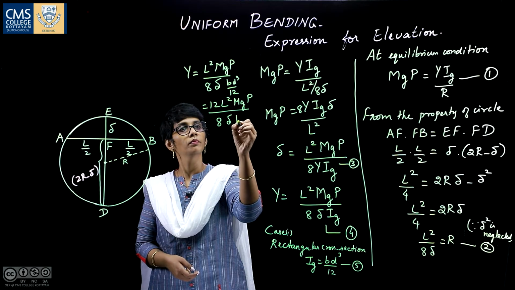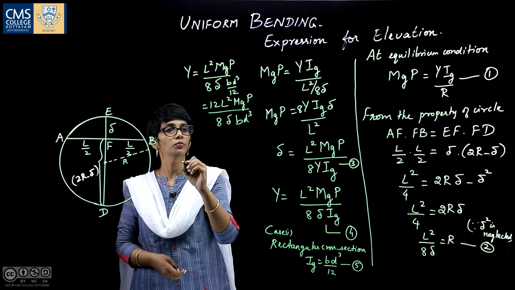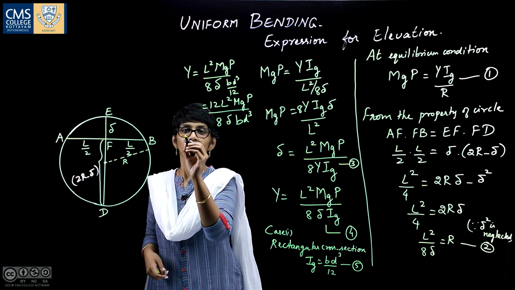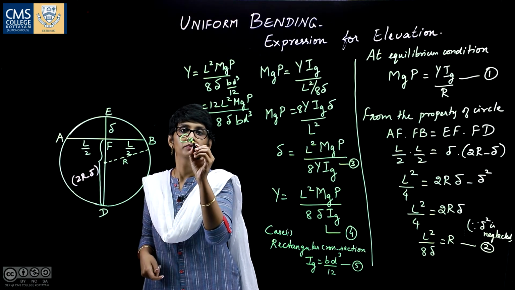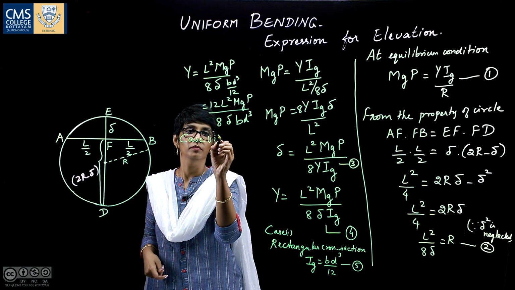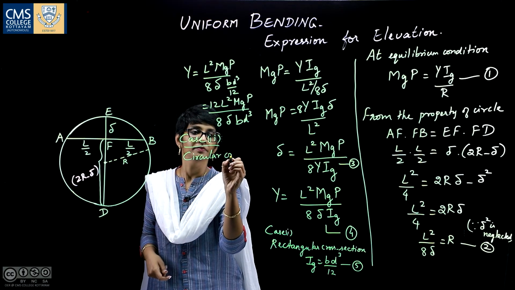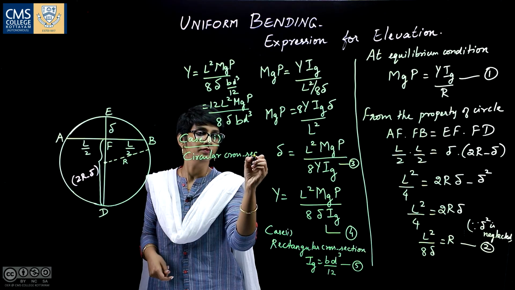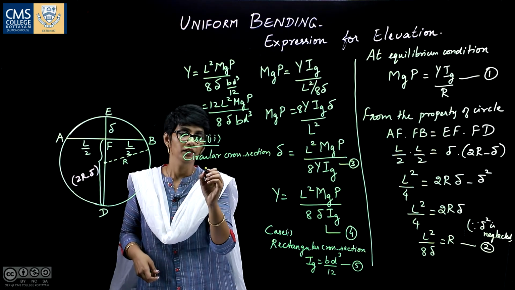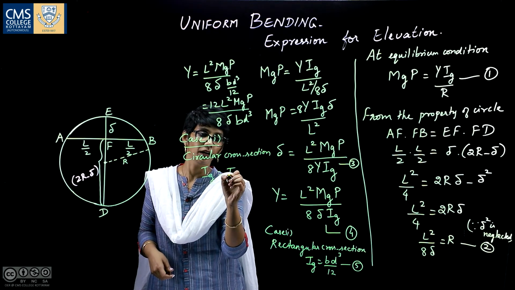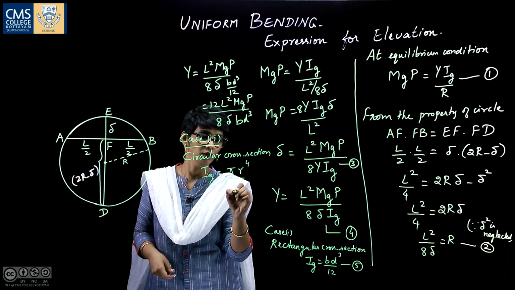The next case is for a circular cross section. Here Ig is equal to pi r power 4 by 4.